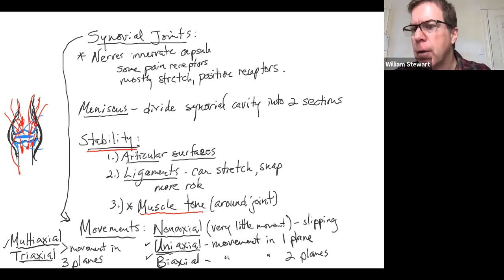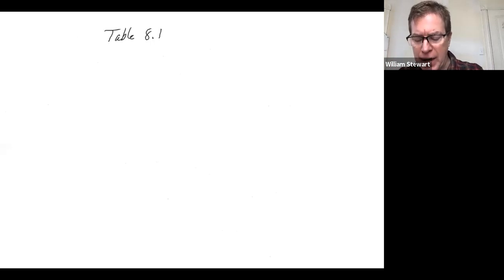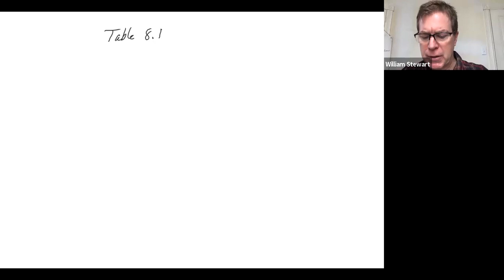By the way, let me go to a new whiteboard here. I'm just going to write this out. Table 8.1, I believe, in chapter 8, gives a pictorial version and descriptions of all of the types of synovial joints that I'm going to review right now. Might not go in perfect order of that table, but I'm going to cover all of them.